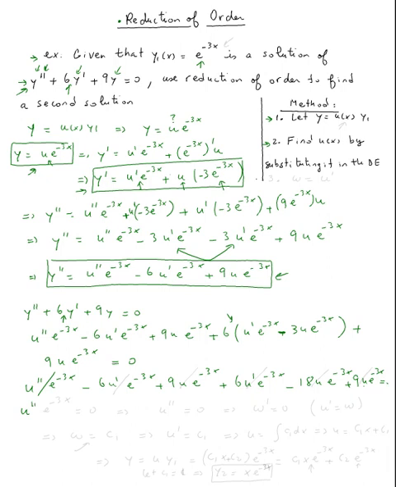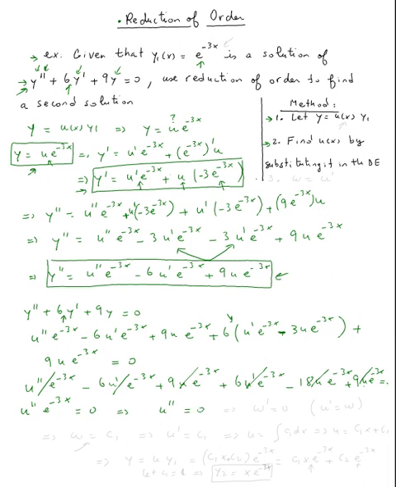The u prime terms, minus 6 plus 6, they cancel. And the u terms: 9 plus 9 is 18, minus 18 is 0, so they cancel. So we have u double prime e to the negative 3x equals 0. Now divide by e to the negative 3x, and this gives us the second derivative of u is equal to 0.